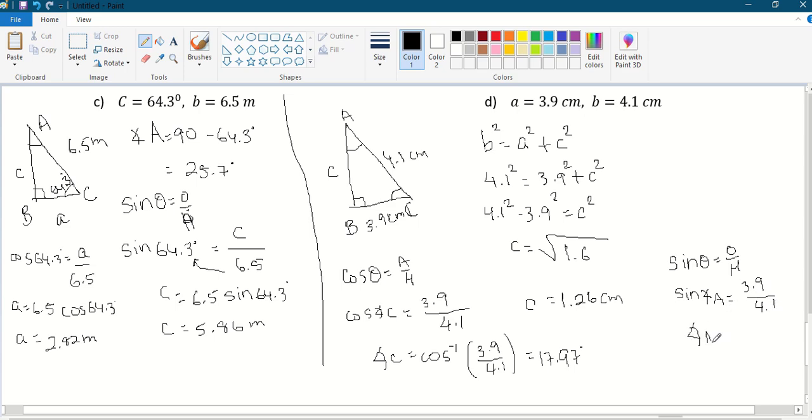So angle A will be sine inverse bracket 3.9 divided by 4.1. We end up with 72.03 degrees. Now to double check, if we add those two angles, they should add up to 90 degrees, and they do. So that means our solution seems correct.